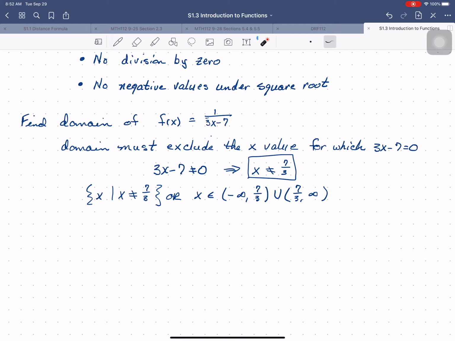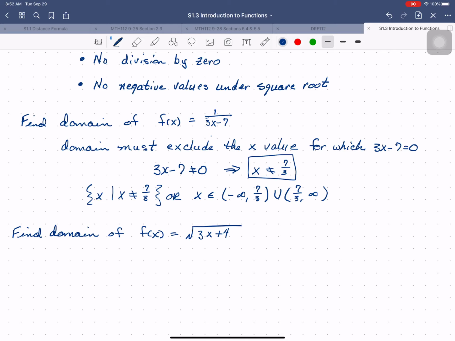Okay, let's try another one. Let's find the domain of the function square root of 3x plus 4. Now, we see we've got a square root.